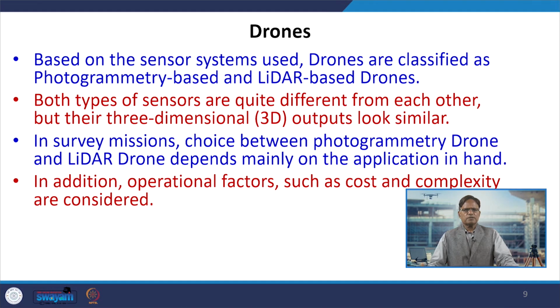In a survey mission, the choice whether we should go for a photogrammetric sensor or a LiDAR drone depends mainly on the application which we are doing. In addition, certain operational factors such as cost and complexity are considered while selecting these sensors.